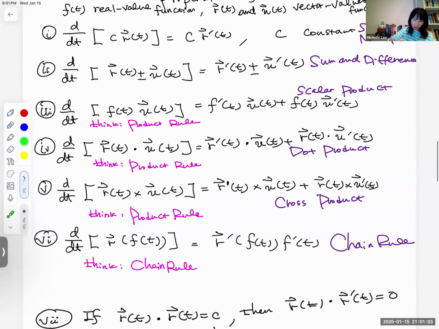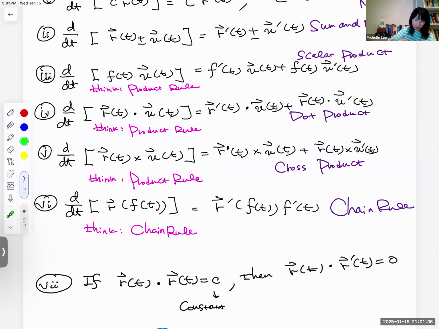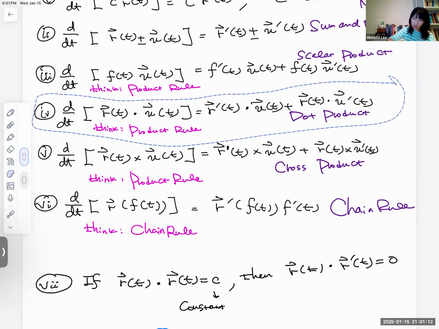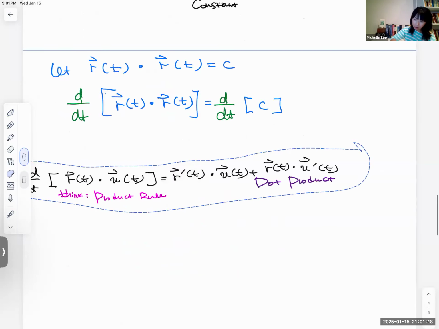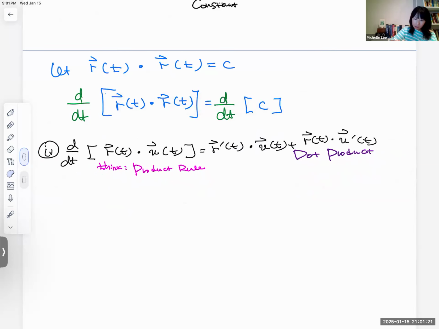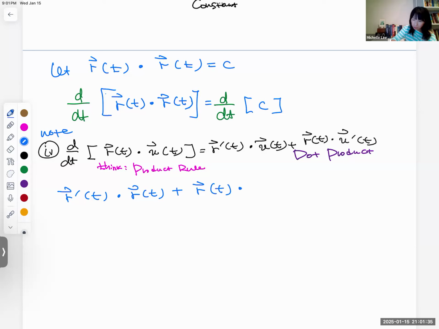It acts like a product rule with the dot product. So first one prime dot second one, plus first one dot second one prime. What about the derivative of C? Any constant, equal to 0, good.